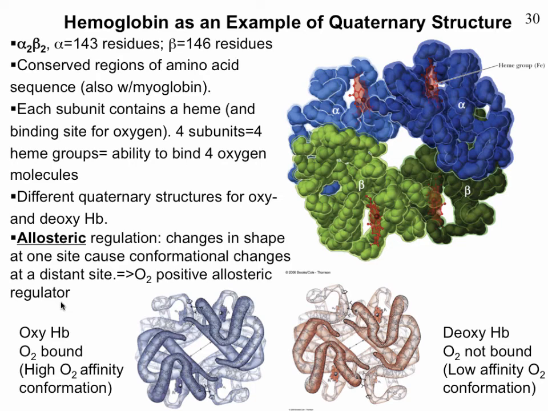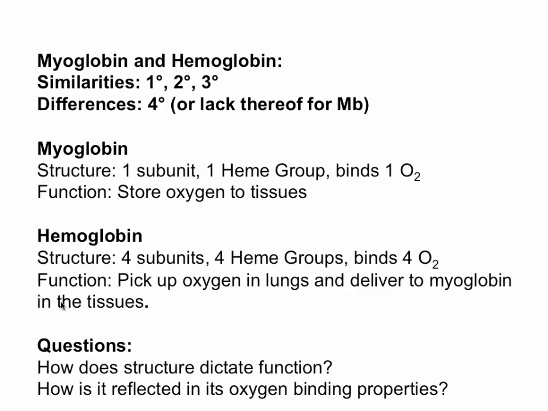One molecule of oxygen binds at one subunit, and this will get transmitted through the entire rest of the molecule. This is what we call positive allosteric regulation, in that oxygen binding actually increases the affinity of hemoglobin for binding oxygen. It's kind of like a chicken and egg problem. We're going to talk a little bit more about that because I know it's a little bit confusing.